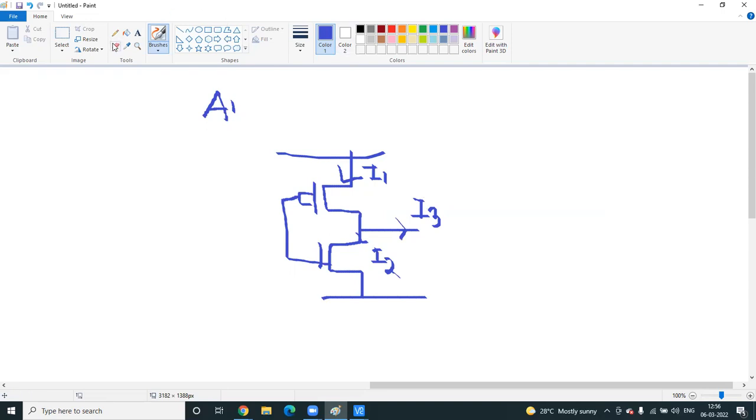Forget our current direction. I1, I2, I3, I4. In which case will EM occur? This is the interview question. Just take some time.